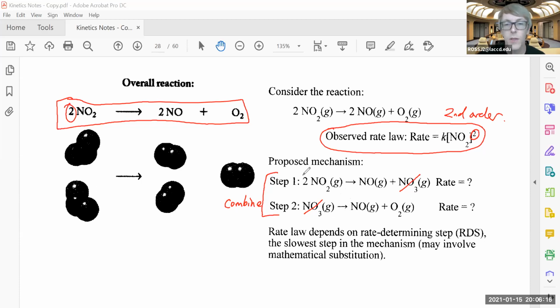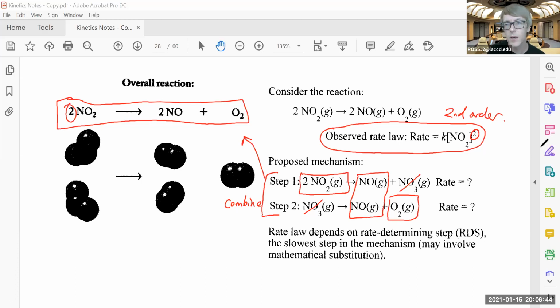And then we're left with just 2 lots of NO2 as a reactant, and then 2 lots of NO as a product, and then O2 as a final product, which is exactly the overall reaction. Okay, so this agrees. This so far would, if it were right, return the overall reaction.